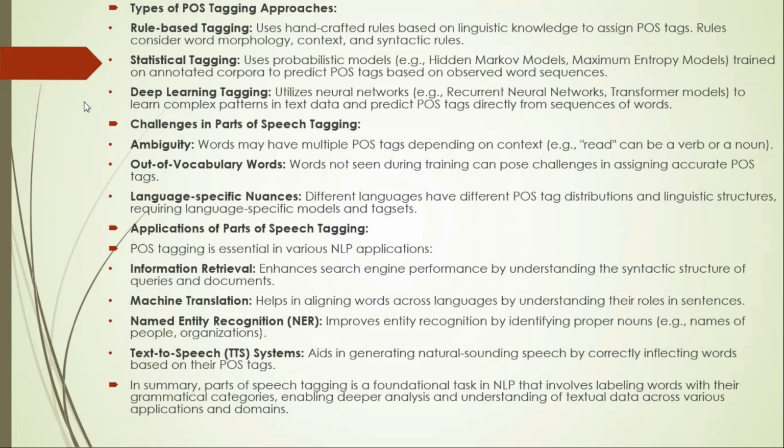But rule-based tagging is again useful for a context, and syntactical rules are applied there because every language has its own syntax rules. So that you can apply in the rule base. But statistical tagging is useful for the models. And finally, in deep learning tagging, we utilize neural networks. Each time the neural network filters that and gives you the exact meaning, which is mostly used in LLMs.